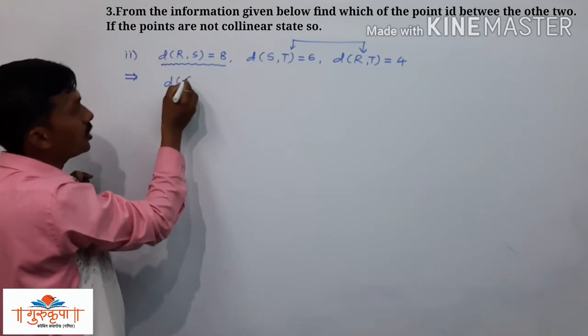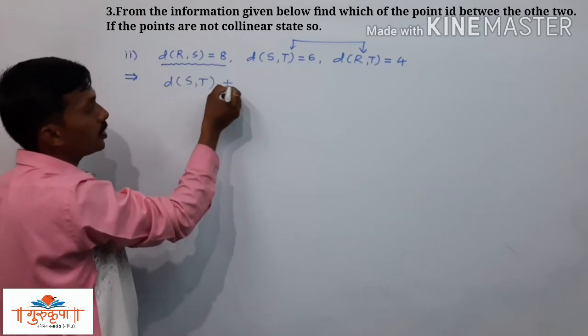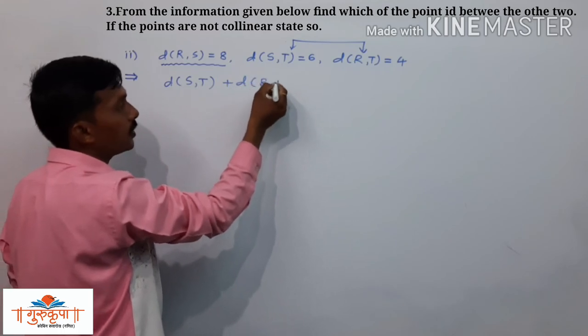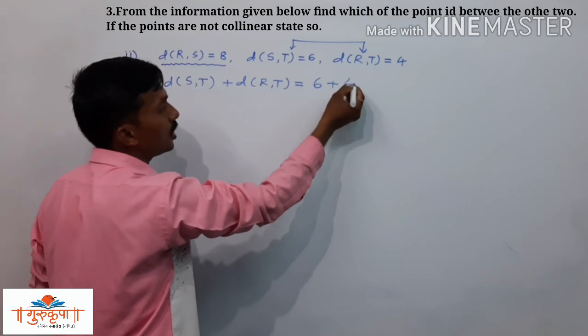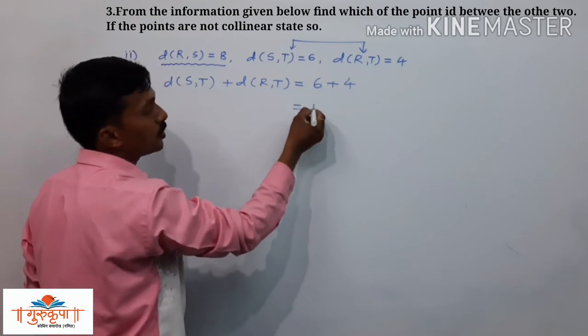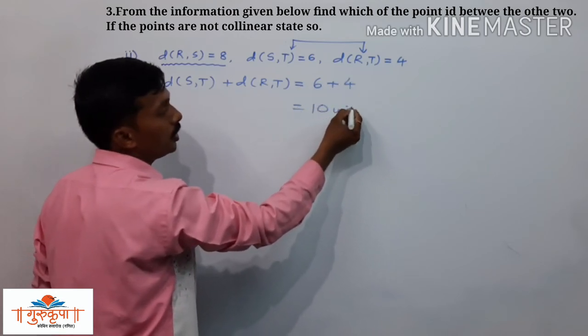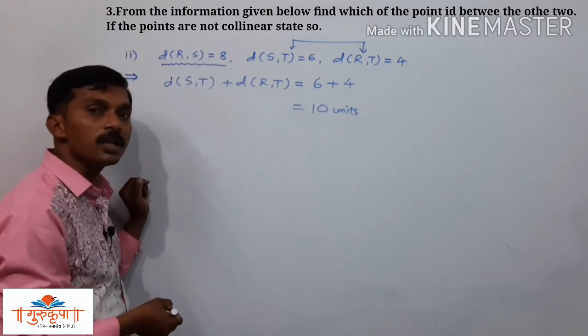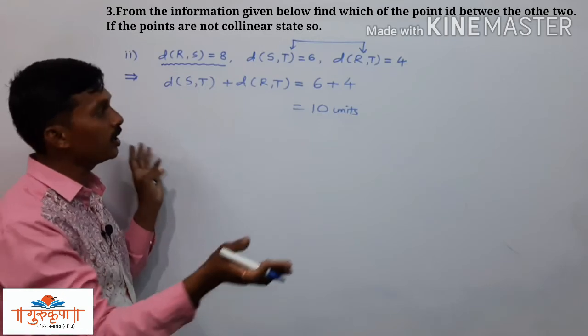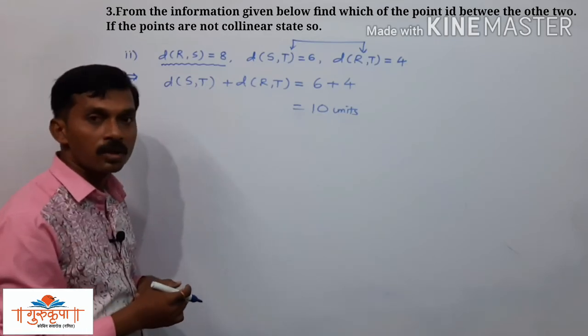Distance ST plus distance RT is 6 plus 4, which is 10 units. Now see the distance RS, it is not 10 units, it is 8 units. It means that the given 3 points are not collinear.